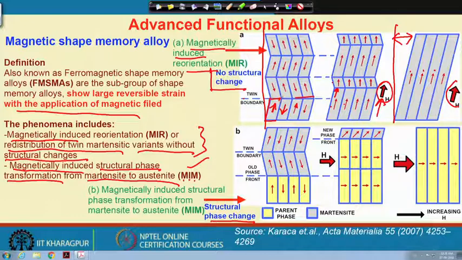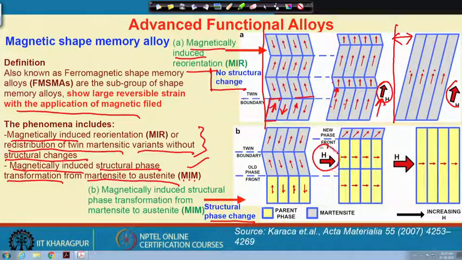we can take very similar structures here, and we apply some magnetic field. Here we have an austenite phase where the magnetic domains are aligned anti-parallel, and these are the old phase front and the twin boundary.